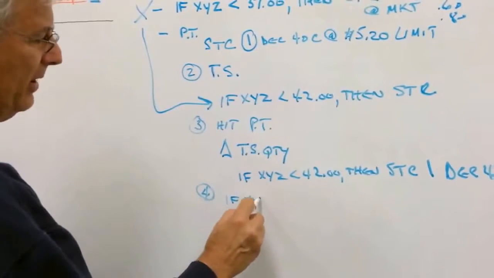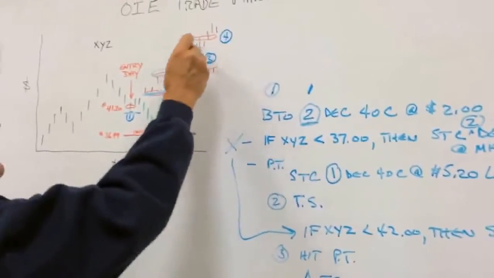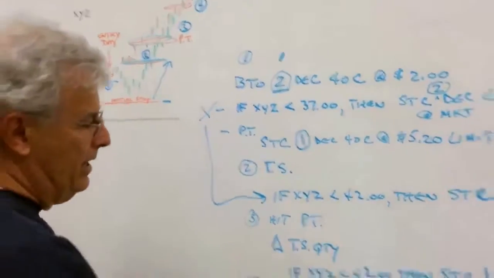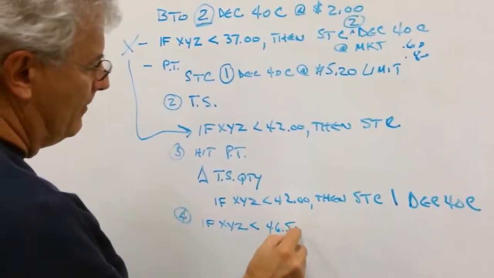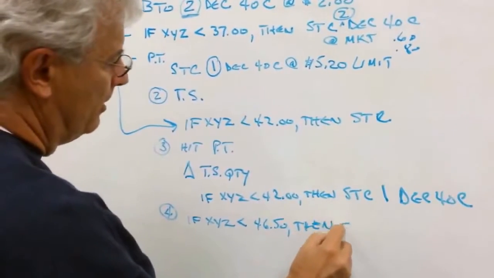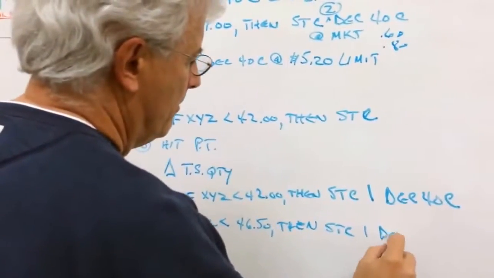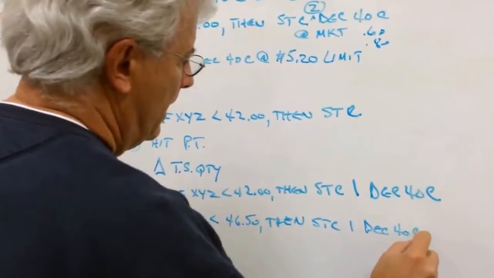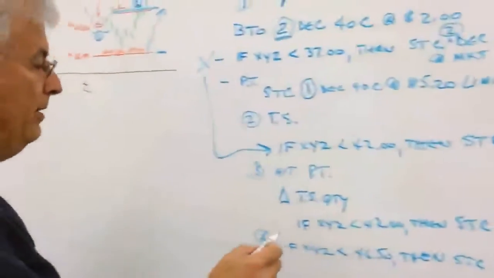And you just simply go in and say, well, if XYZ is less than, now, let's say less than 46 and a half, then sell to close 1 December call at market. And at that point, you're very happy.